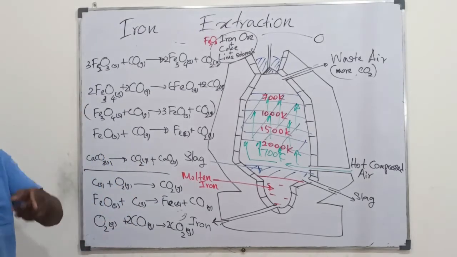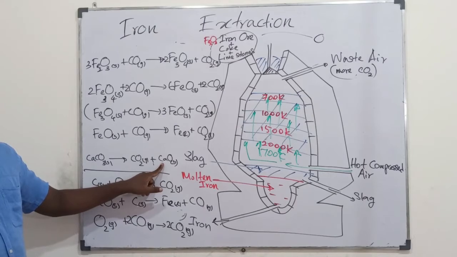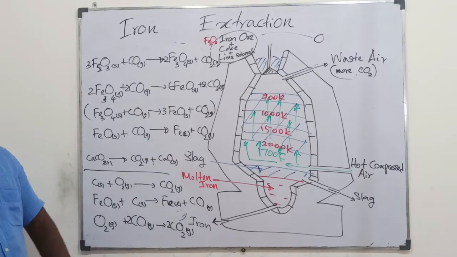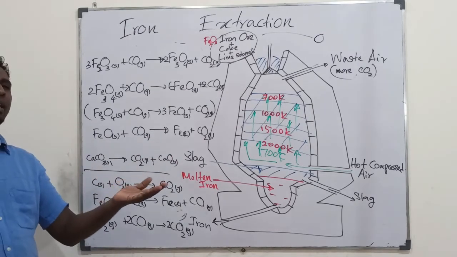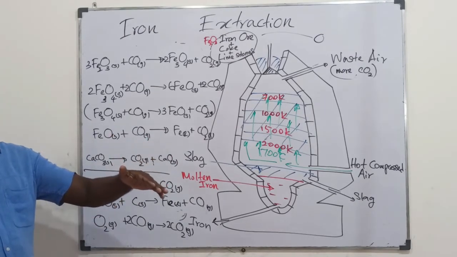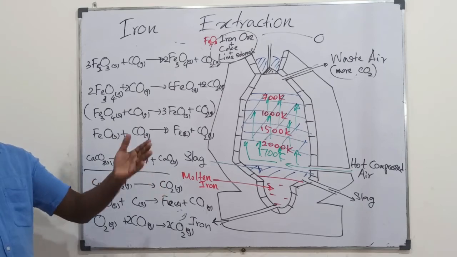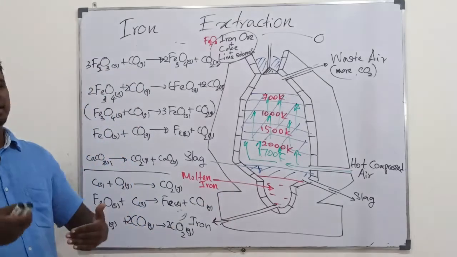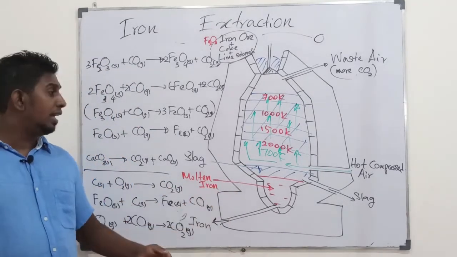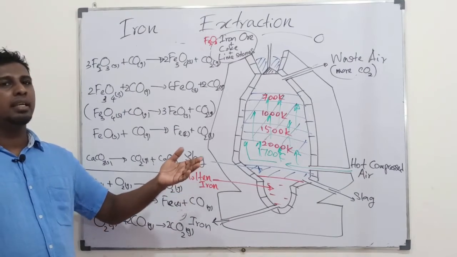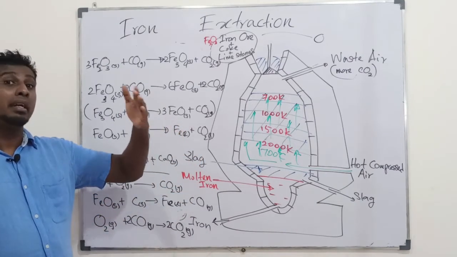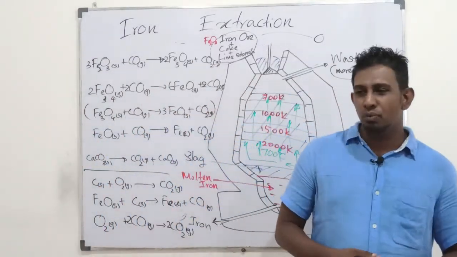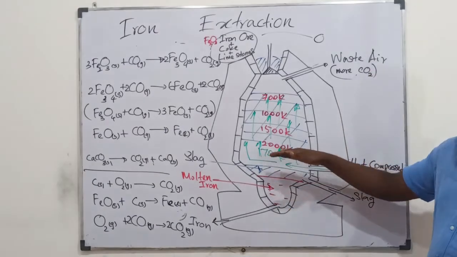And as you have already seen, this calcium oxide could combine with silica, SiO2, forming calcium silicate, CaSiO3, and could combine with alumina, Al2O3, forming Ca(AlO2)2. Calcium silicate and calcium aluminate form this slag. It's less dense than liquid iron, and at this greater temperature, its melting point would be lower than this high temperature.